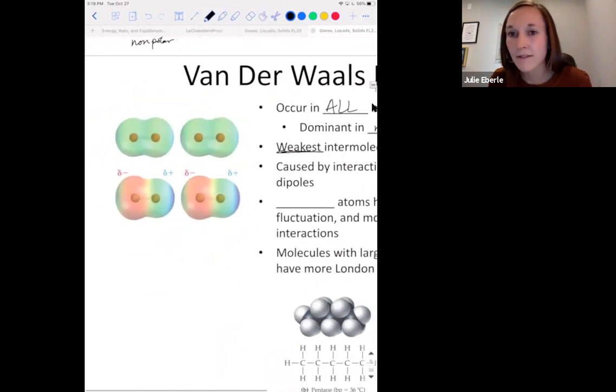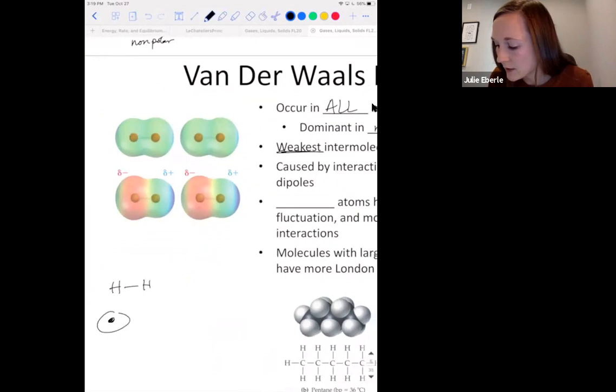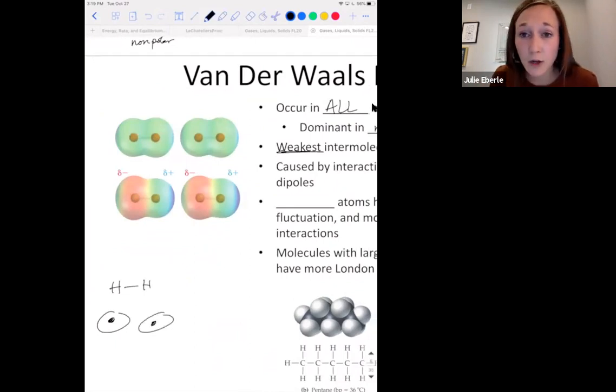So let's say we have two hydrogen atoms that are interacting. Hydrogen bonded to hydrogen. Let's just represent those. We know we have the nucleus, and you have your electron cloud. And we know that there are electrons that we represent. This bond is 2 electrons.